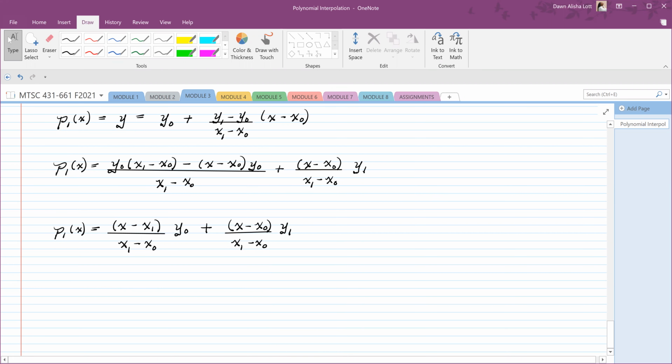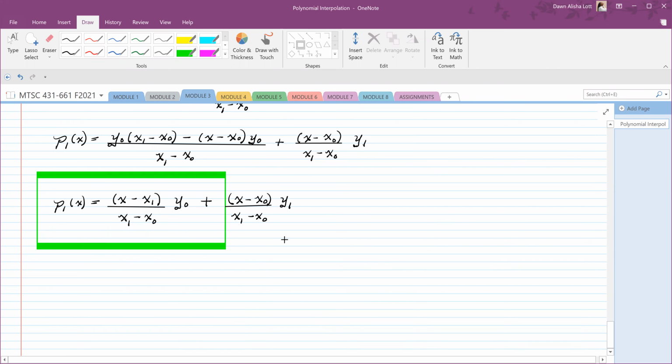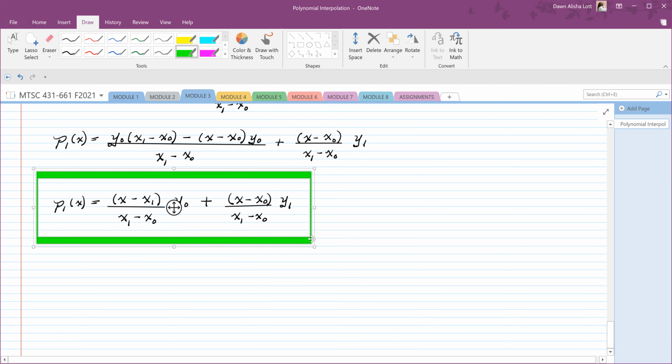An alternative construction. So this is what we get. Let me box this because this is real important. So that's for our linear interpolation.